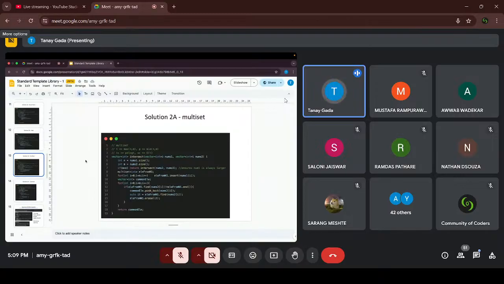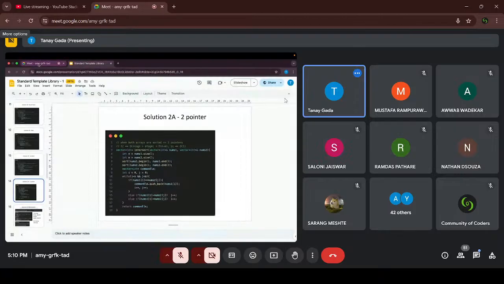Can we do it with multi-set? Yes, we can use the count function, right? Also, we need to erase the element from the set, with an iterator. So this is something like an iterator.